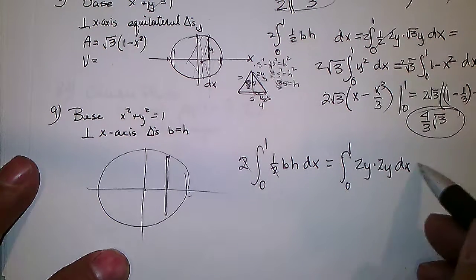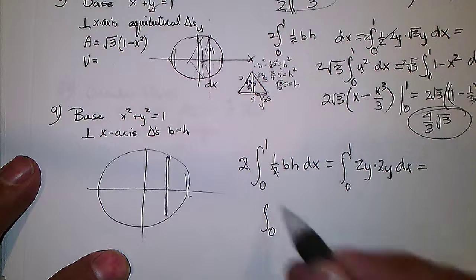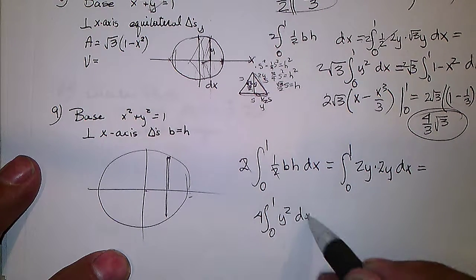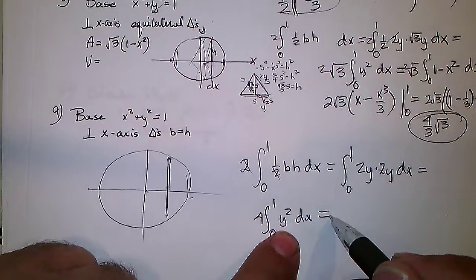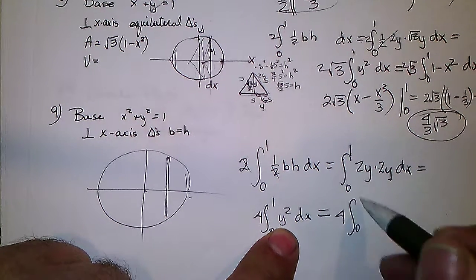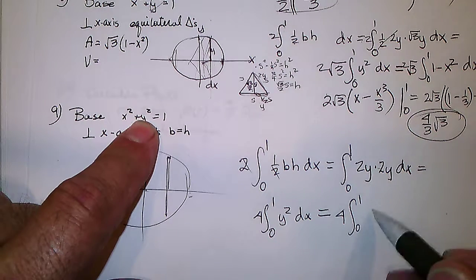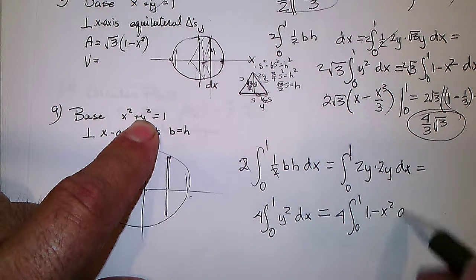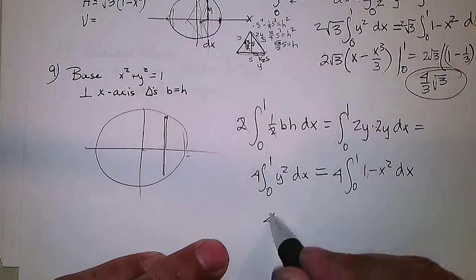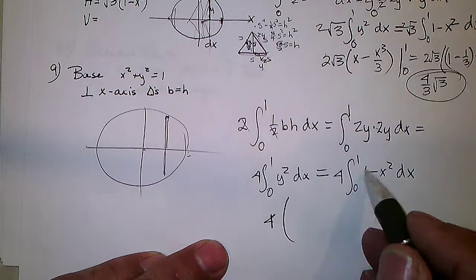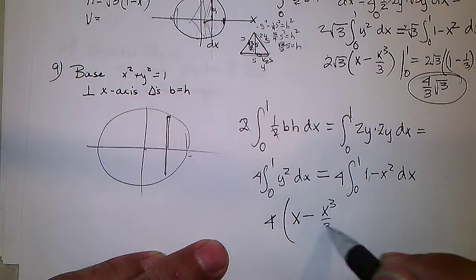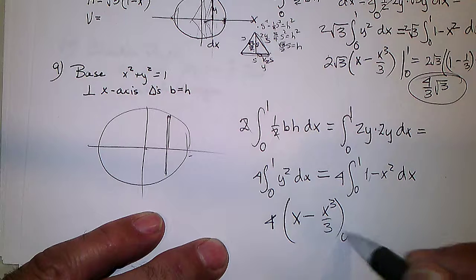So we have integral from 0 to 1 of 4y squared dx. So we have to get x in here. So we have 4 integral from 0 to 1 of y squared, which is 1 minus x squared. 1 integrated is x. x squared integrated is x to the third over 3, evaluated from 0 to 1.